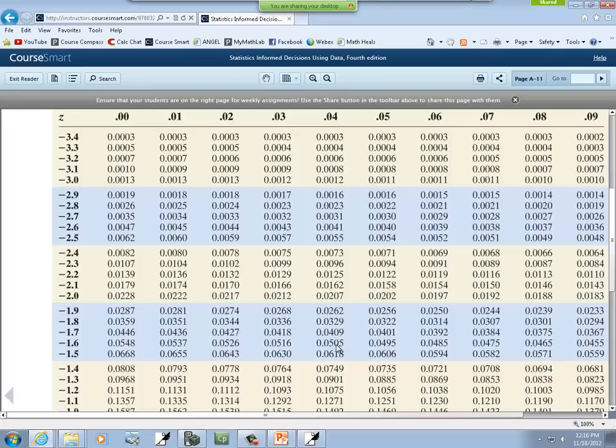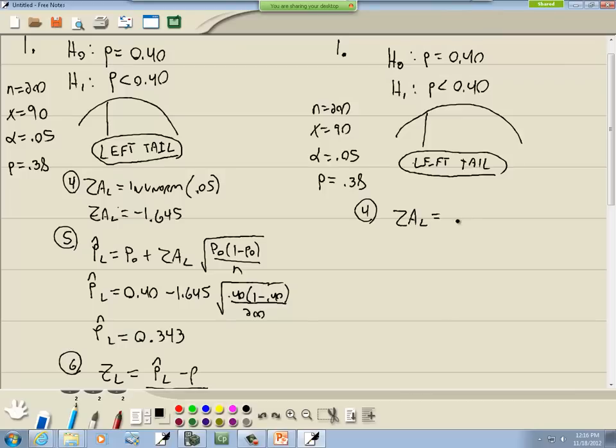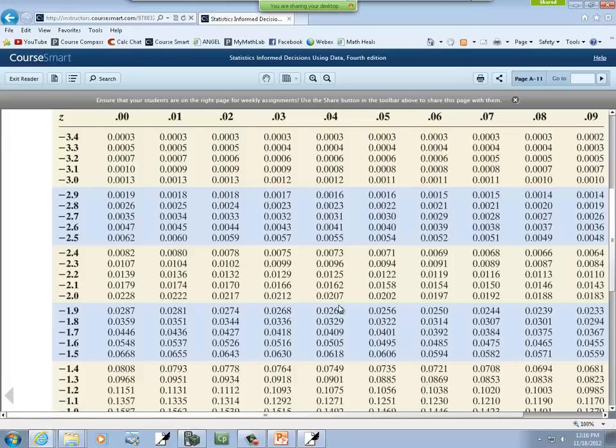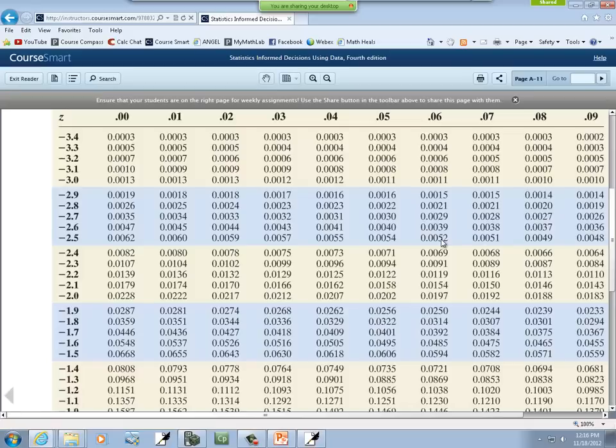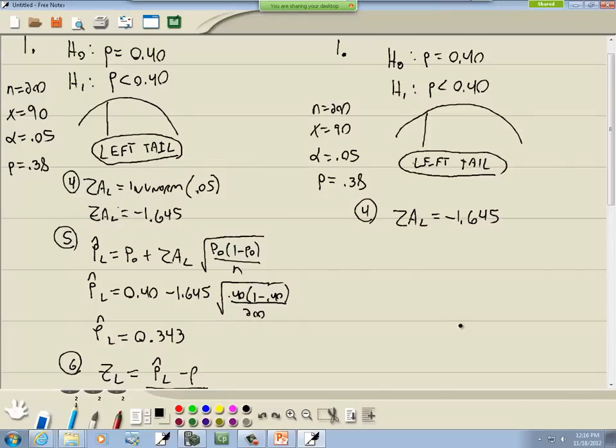Here's 0.0505. So if I come over here, that gives me my first part, negative 1.6. And it's halfway in between these two values. So I come up here, and this is 0.04, and this is 0.05. So it's halfway in between those, so I'm going to use 4 or 5. Now, if it's halfway in between, you take it to 3 decimal places. If it's not halfway in between, then you take it to whichever one it's closest to. So that's why I said if you're using tables, sometimes it'll be 3 decimal places, sometimes 2.